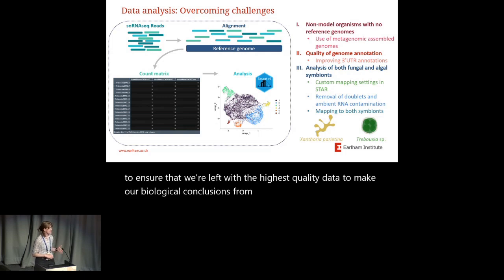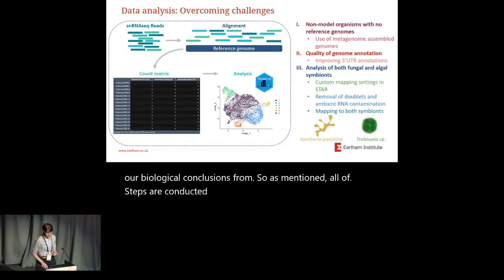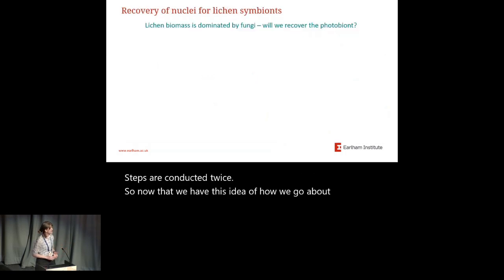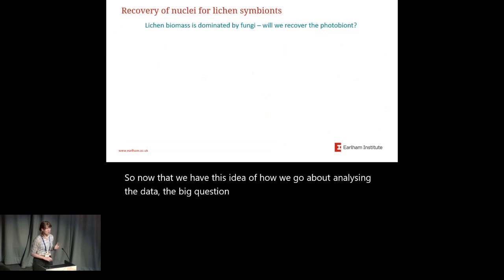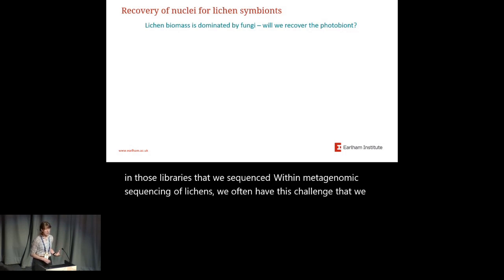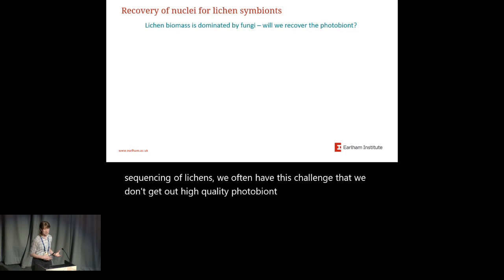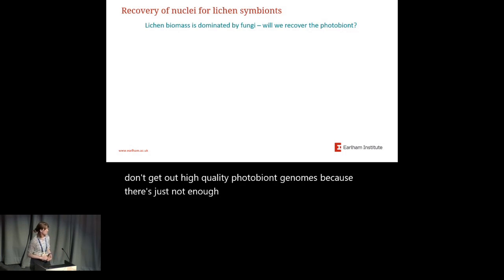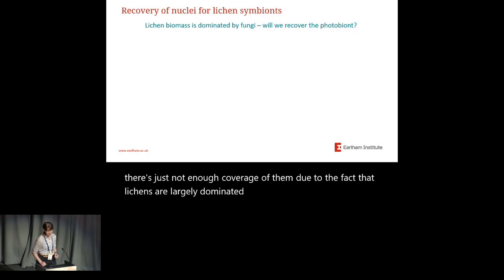So as mentioned, all of those steps are conducted twice. Now that we have this idea of how we go about analyzing the data, the big question was what was actually in those libraries that we sequenced. Within metagenomic sequencing of lichens, we often don't get high quality photobiont genomes because there's just not enough coverage of them, due to the fact that lichens are largely dominated by fungal biomass.